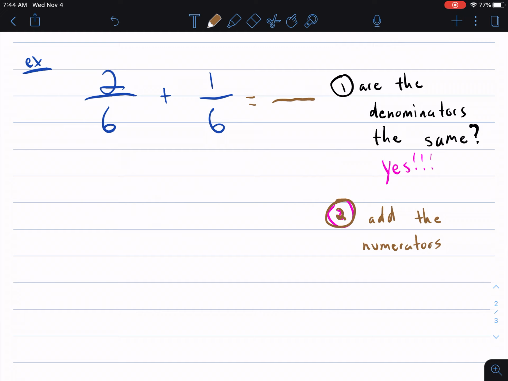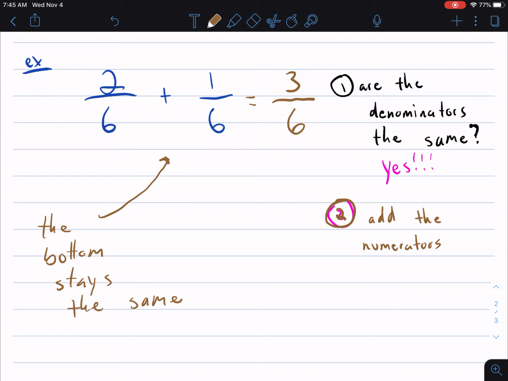Si son iguales, lo de abajo se queda igual. Remember here, the bottom stays the same. So 6. And 2 plus 1 is 3.